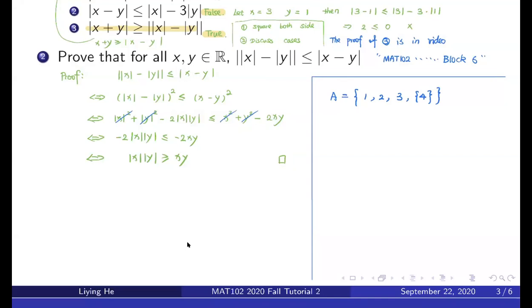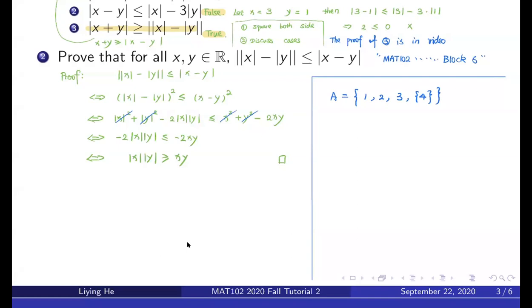So for example, 1 is an element of A. 2 is an element of A as well. 3 is an element of A as well. And the set that has 4 inside is an element of A as well. Okay, does that make sense? Yeah. Okay, so that's element.